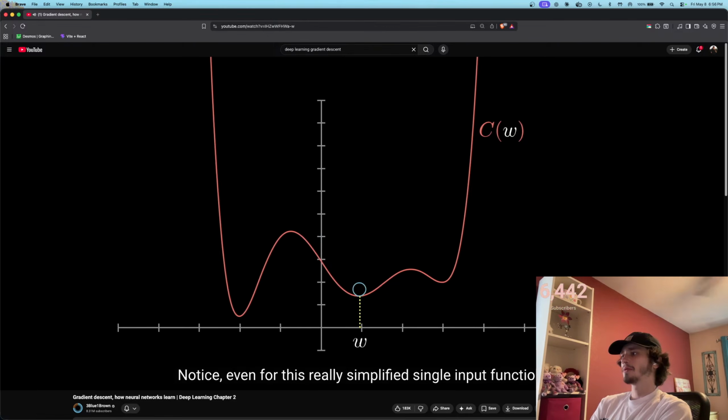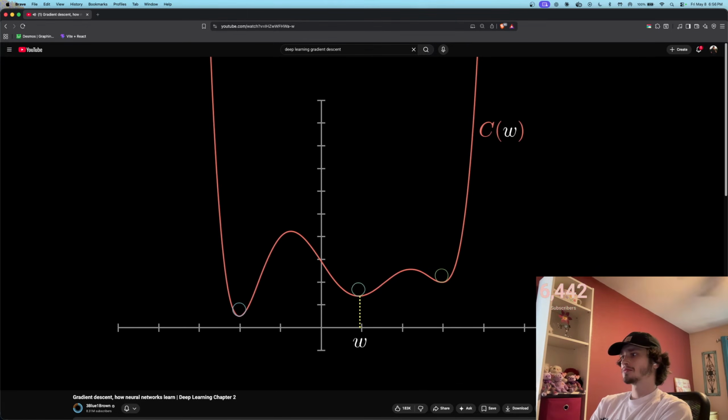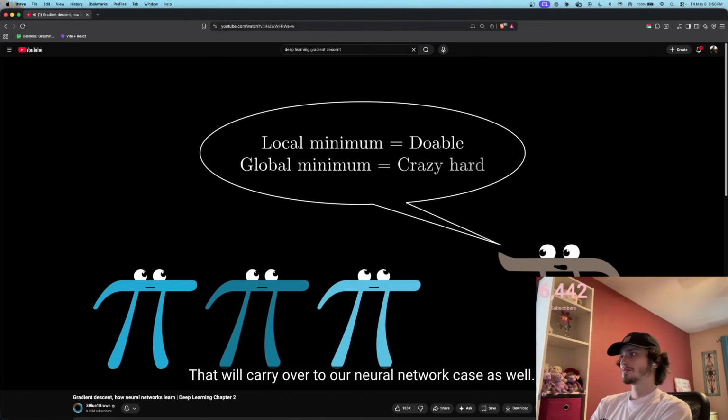And notice, even for this really simplified single input function, there are many possible valleys that you might land in, depending on which random input you start at. And there's no guarantee that the local minimum you land in is going to be the smallest possible value of the cost function. That's going to carry over to our neural network case as well.